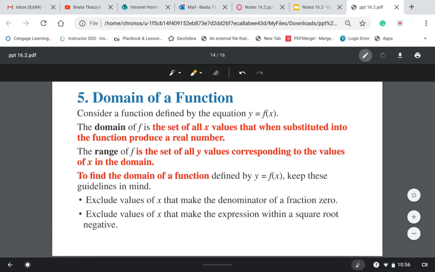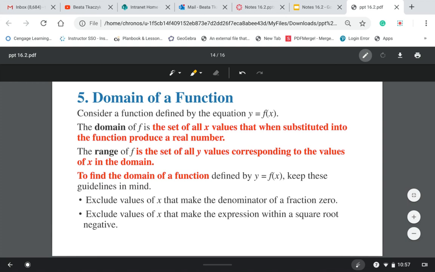So for the domain we're listing all the x values for which we can evaluate the function, which means find the output. Now, the range of the function is the set of all y values corresponding to the values of x in the domain. So for the range we're listing all the y values, all the outputs.